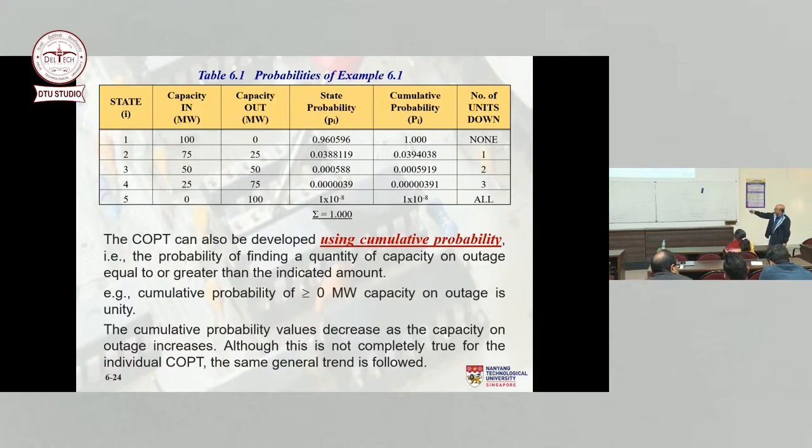I say that there are 5 states here, so I call it I. Capacity that is available if I am in this state. If the capacity out is 0, then capacity available is 100, isn't it? 25 megawatt times 4, 100 megawatt installed capacity. So capacity in, capacity out, state number 1, state probability 0.96.